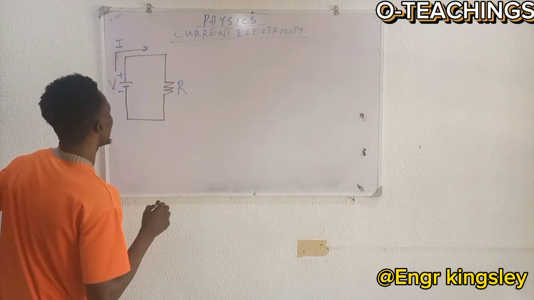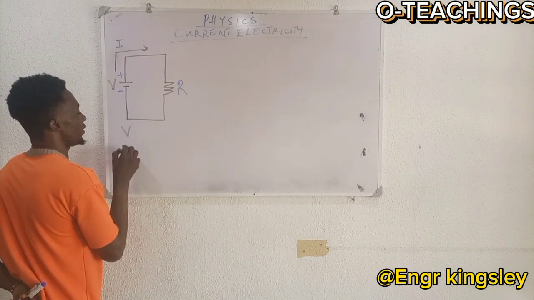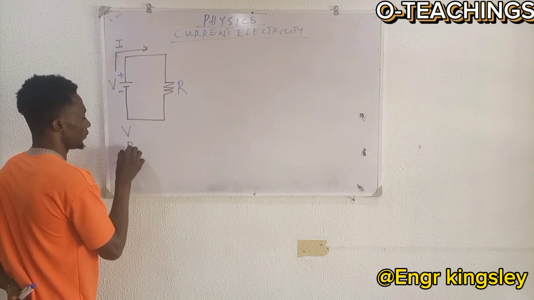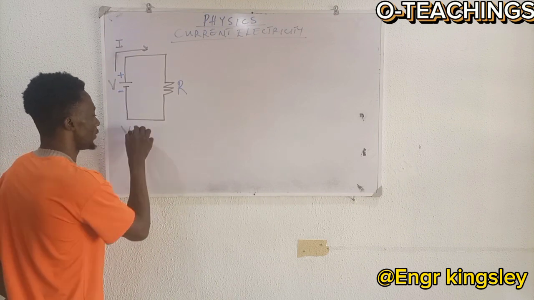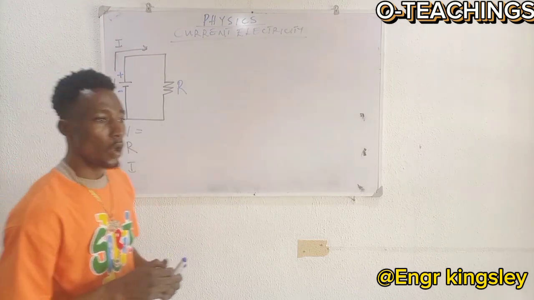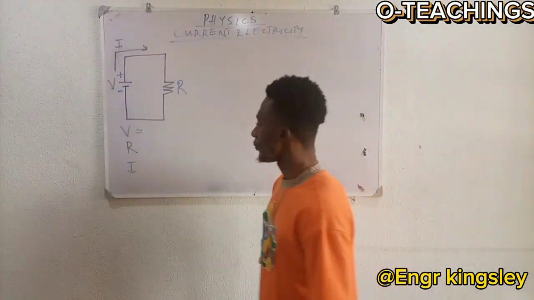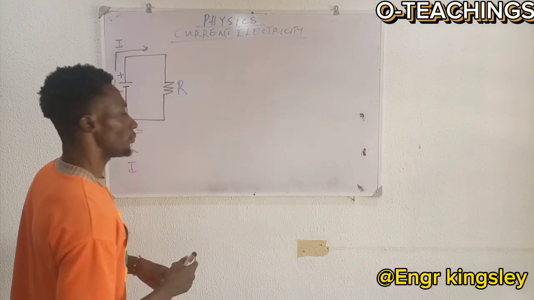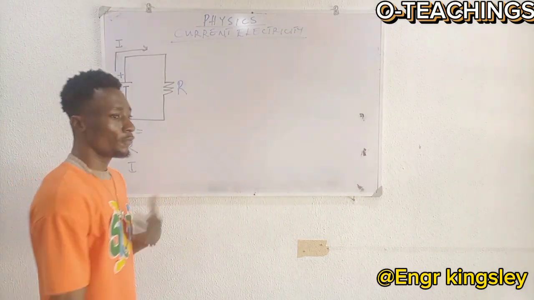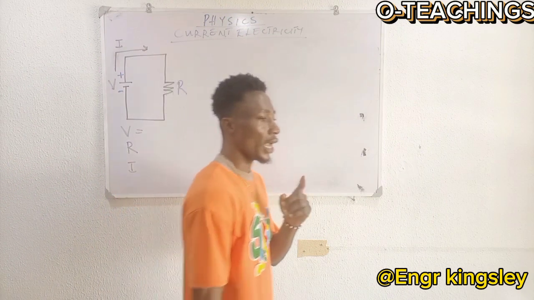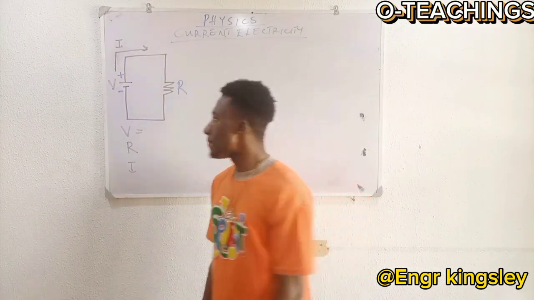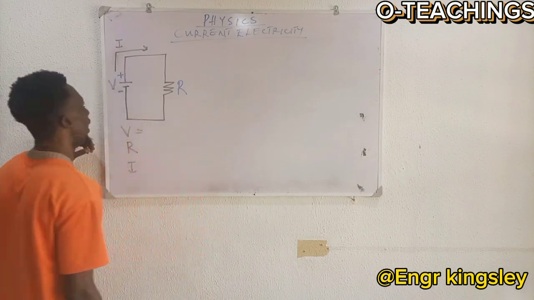In this conductor, we have three basic things we are looking at. The first one is the voltage or the potential difference, or what we call electric potential. The voltage drives the flow of charge from one end to another.